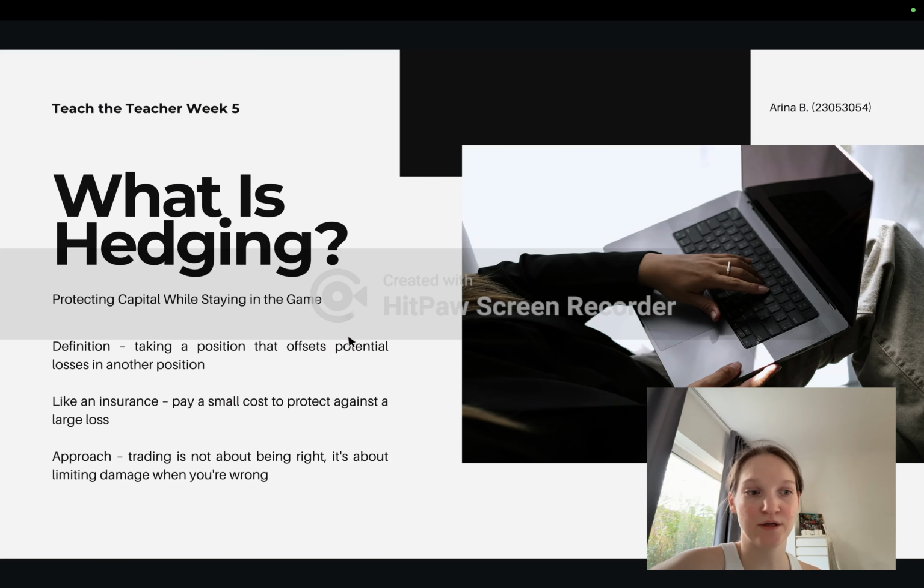It can be compared with some kind of insurance, where a person pays small amounts of money to prevent fatal mistakes that would lead to huge losses.